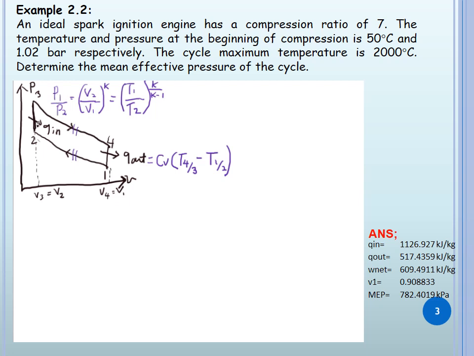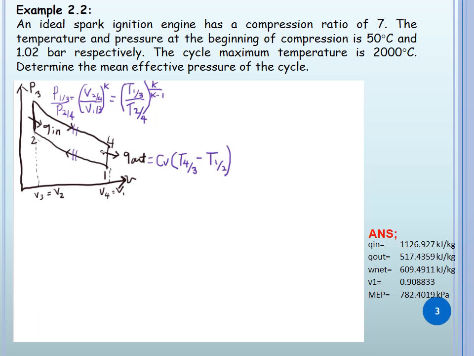For process 3 to 4, you can change this to P3 and P4, and T1 and T2 can be used for T3 and T4. So it's really simple.